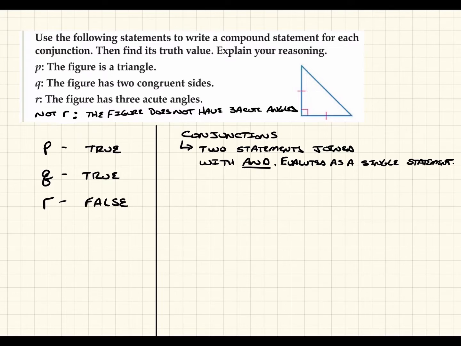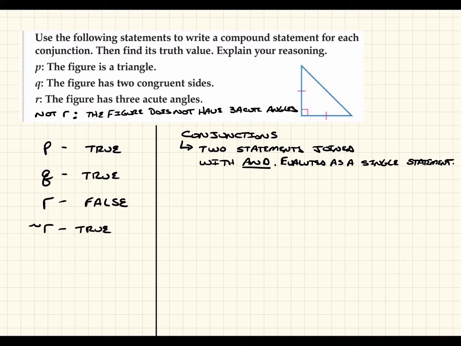We negate statement R by saying not R. So not R, the negation of statement R, is "the figure does not have three acute angles." Since the figure does not have three acute angles, that statement is true.